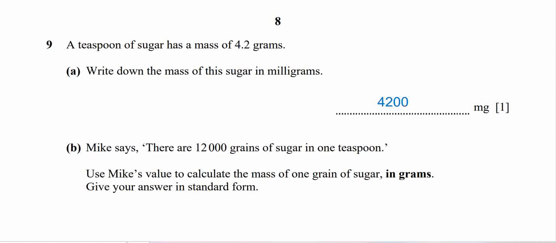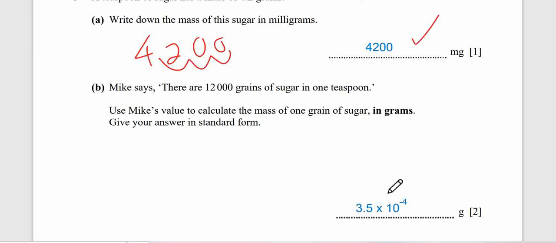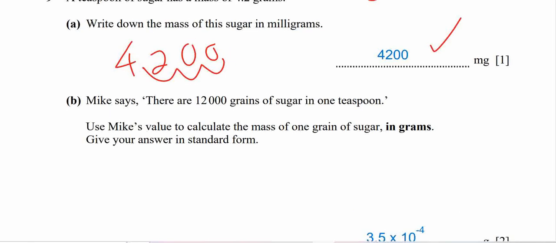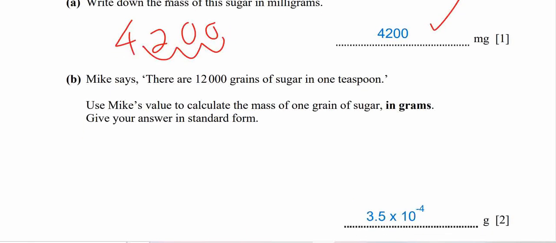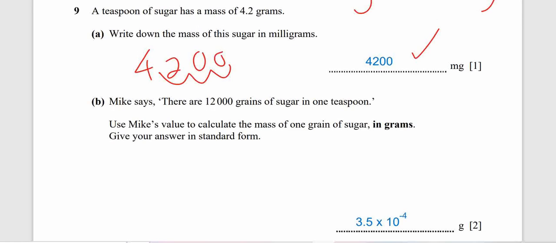So let's review the answer. Well, the answer is 3.5 times 10 to the power of negative 4. So how does it work? It says that 1 teaspoon is 4.2 grams and 1 teaspoon is 12,000 grains.